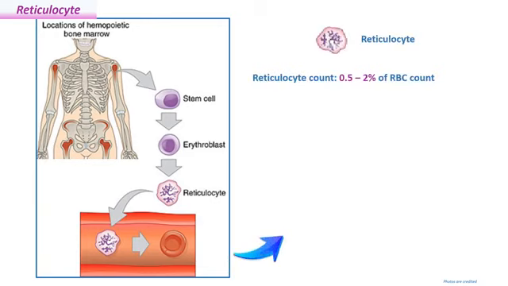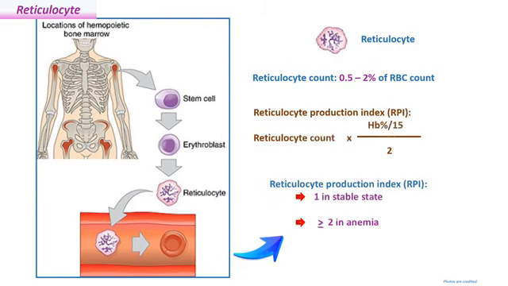But for actual calculation of anemia and for anemia classification, it is better to depend upon the reticulocyte production index. How to calculate? The reticulocyte production index, that is RPI, is calculated as the reticulocyte count of the patient multiplied by the ratio of hemoglobin percent divided by 15, and divided by 2.